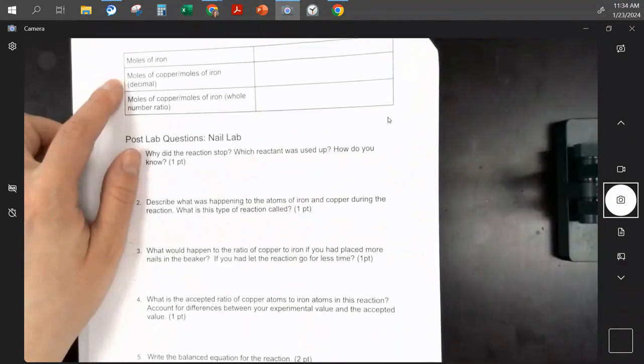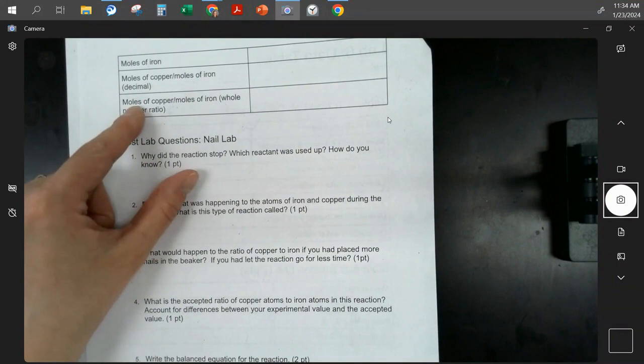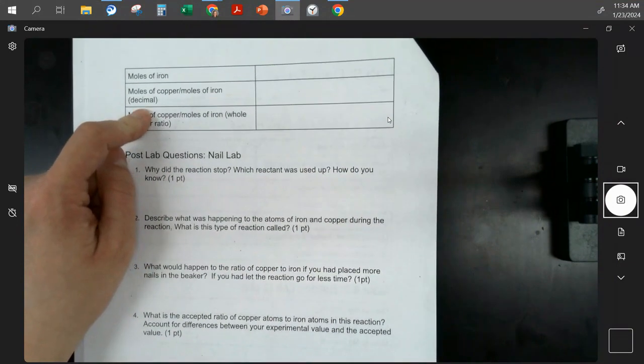The next box is moles of copper divided by moles of iron, and we put the number with the correct sig figs. I'm assuming that you should have 3 sig figs. Just check your sig figs, okay? Because our scale has 2 decimal places. Our copper is probably like 2 or 3 grams or 1 gram.